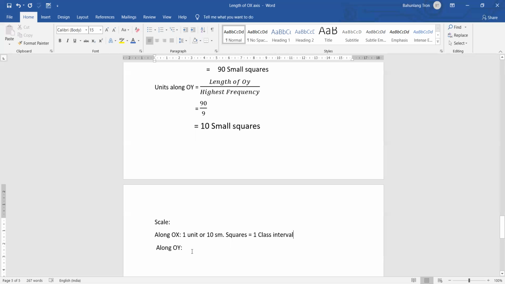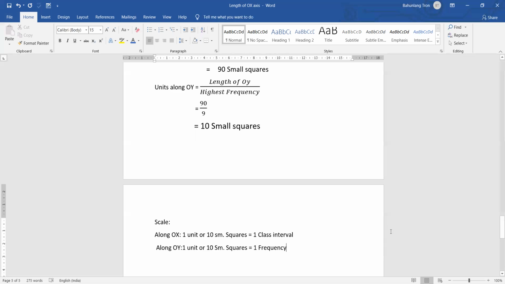All right, and along OY we are taking again 1 unit or 10 small squares is equal to 1 frequency. So we have determined the scale.